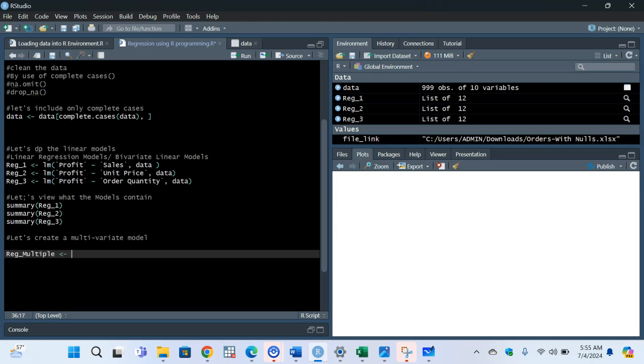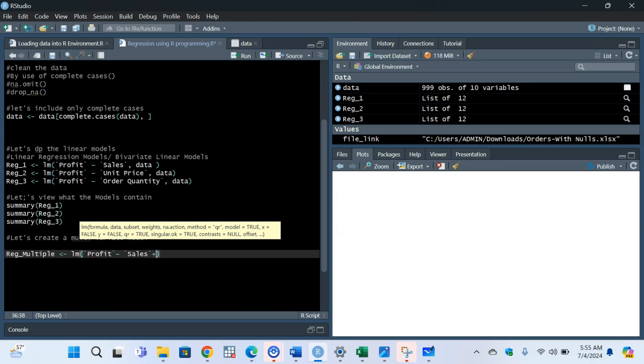and we define it by lm, linear model of what? First we say profit against sales. But this time around they are not coexisting alone.